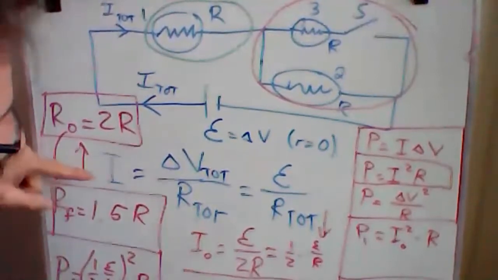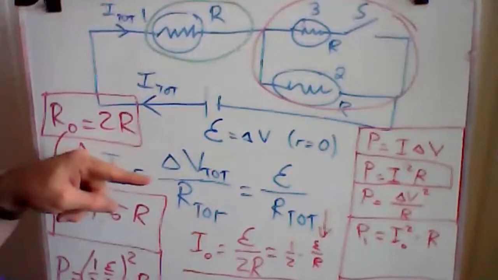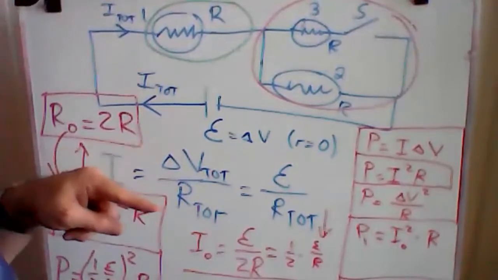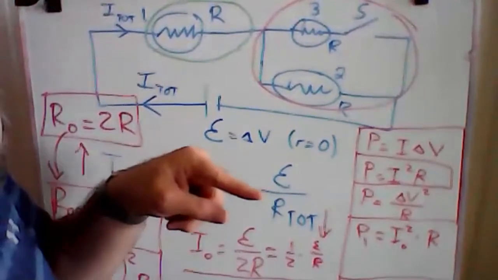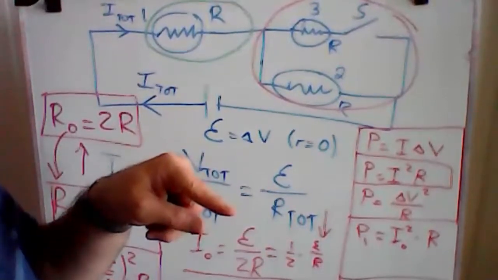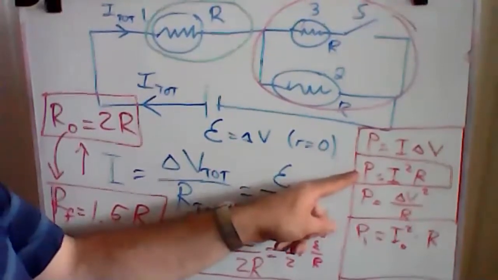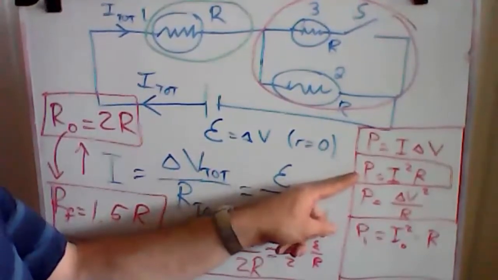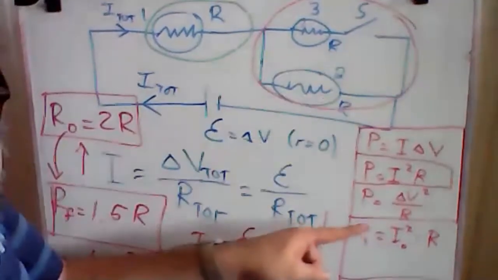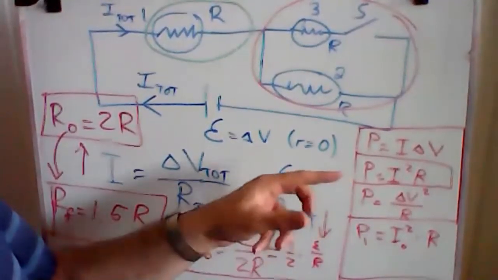Earlier on, when we talked about why the overall brightness of that first bulb increases, we had Ohm's law written out right here, where I equals delta V over R to get the overall current. And that seems intuitive to me. So that's why I chose this equation and decided, okay, I'll find the values for the current before and after the switch is closed, and I'll use this relationship right here to then compare the two.